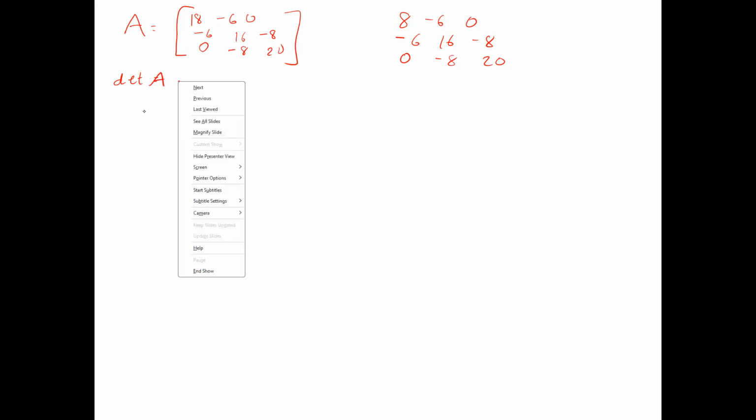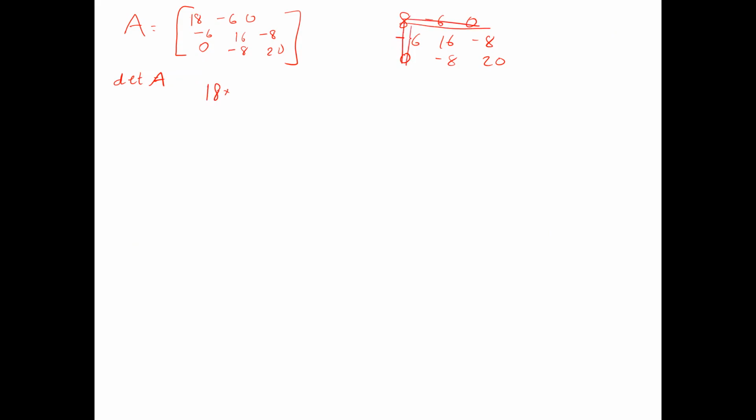So the determinant is equal to, we have to do it this way. If we want to find determinant A, the first step is 18 times, so that is 18. For that one I have to do this way and then this way, so I have to write these 2 equations. That is 16 minus 8 minus 8 20. Okay, and plus, then the next step is 6 minus 6.